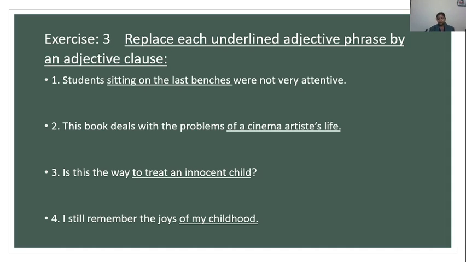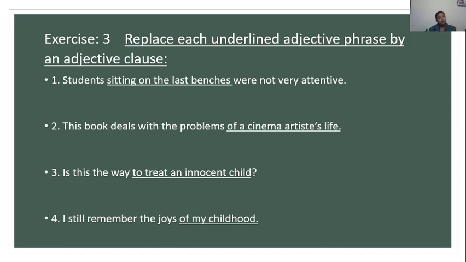Now, children, hopefully you all must have done exercise 1 and 2. Now, let's solve exercise 3. Replace each underlined adjective phrase by an adjective clause. Here, a phrase is used and we have to convert it into a clause. What is the difference between phrase and clause?